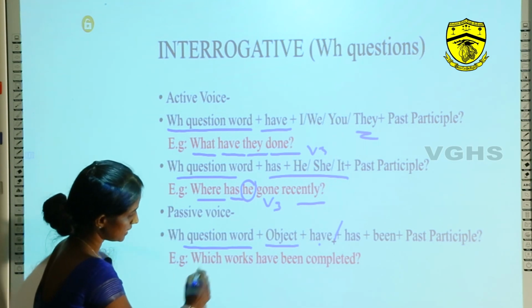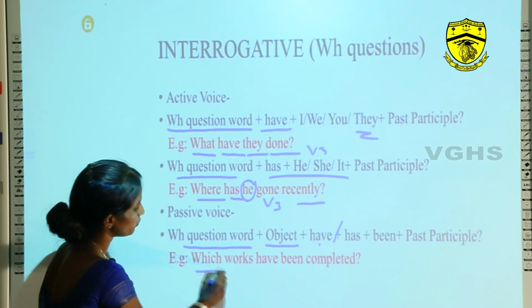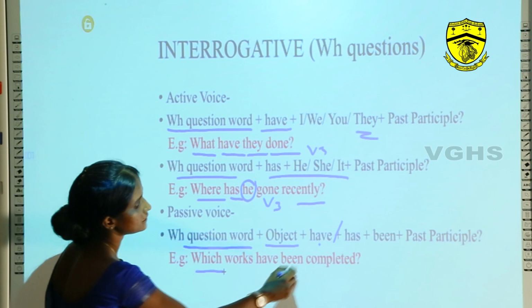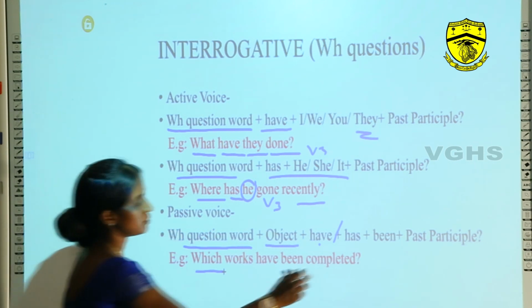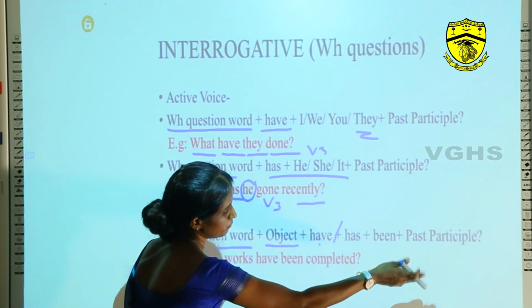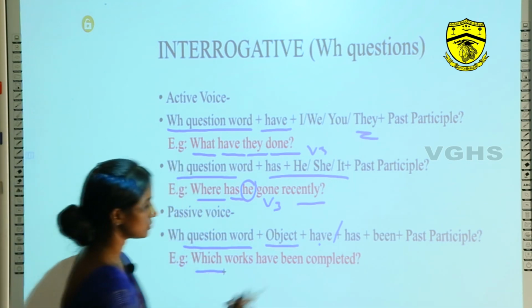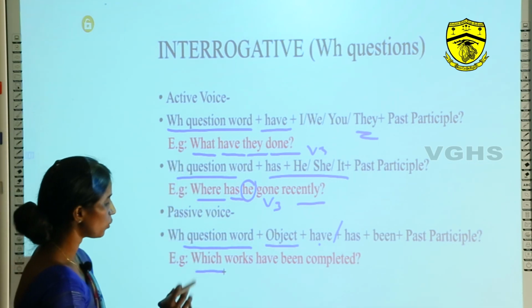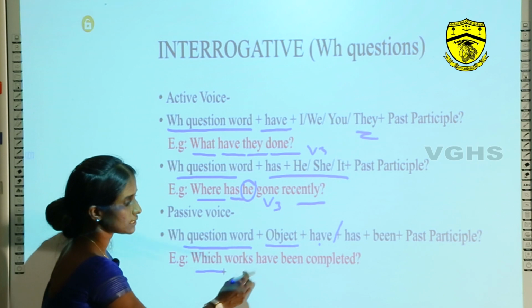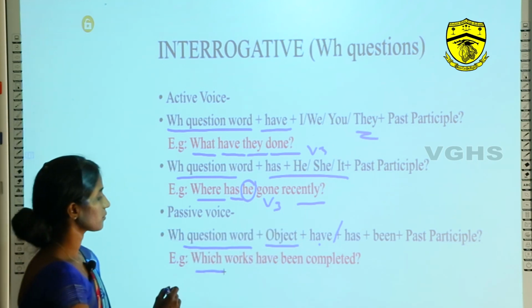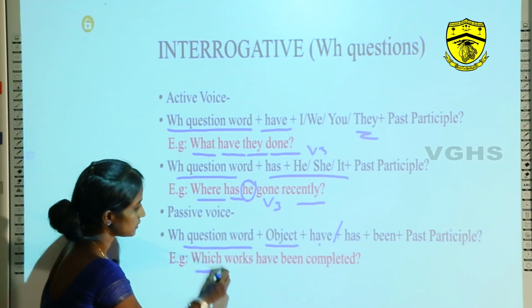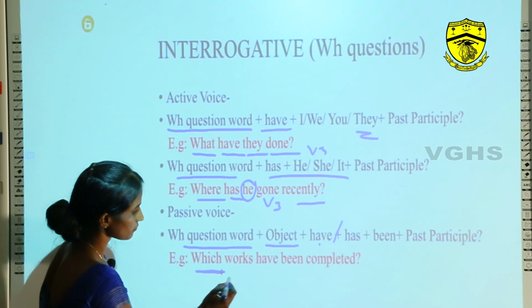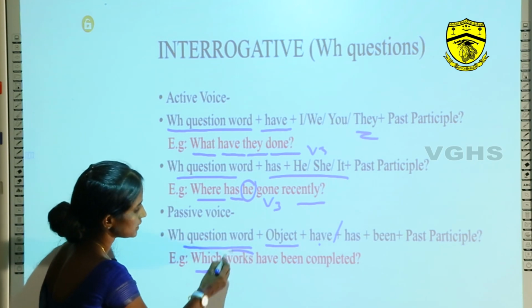For example, for a passive sentence, this is the question word: which works have been completed? After that you can put the doer of the action, but it is not necessary all the time. This is the WH question word, and this is the subject.